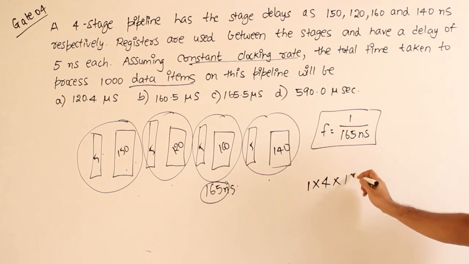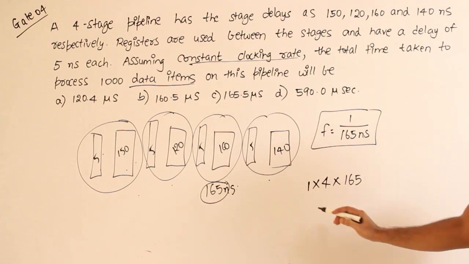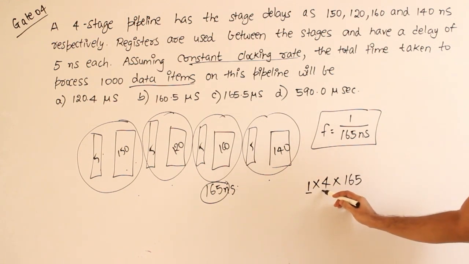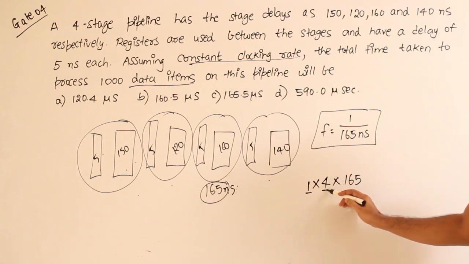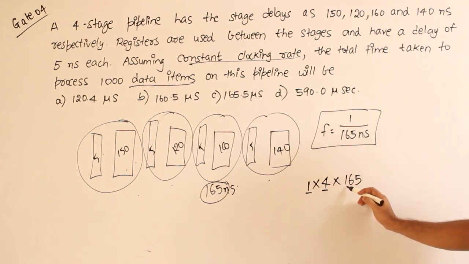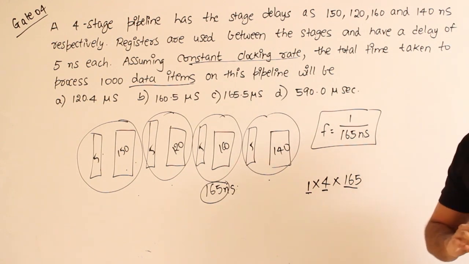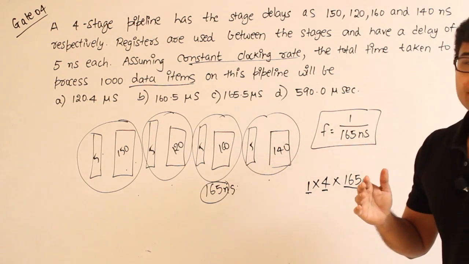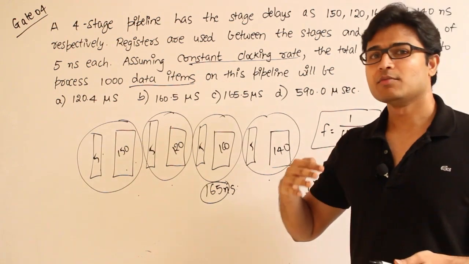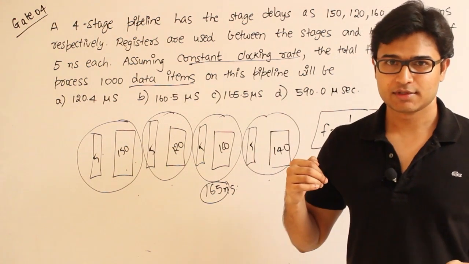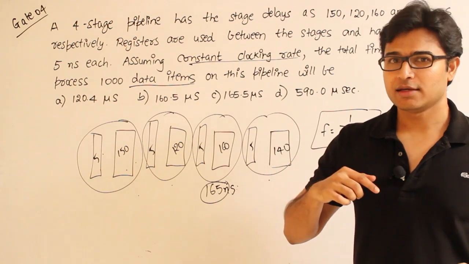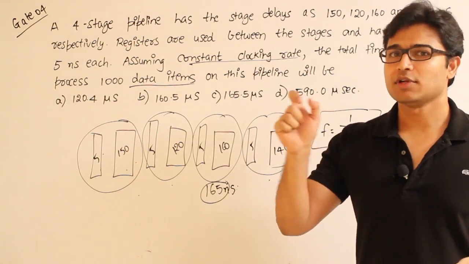That is why each phase is going to take 165 nanoseconds. So that is the time taken by the first instruction. And after that, for every clock, one instruction has to come out, assuming that there are no other overheads. Later I will show you that because of some other problems, we will not be getting out one instruction every clock.